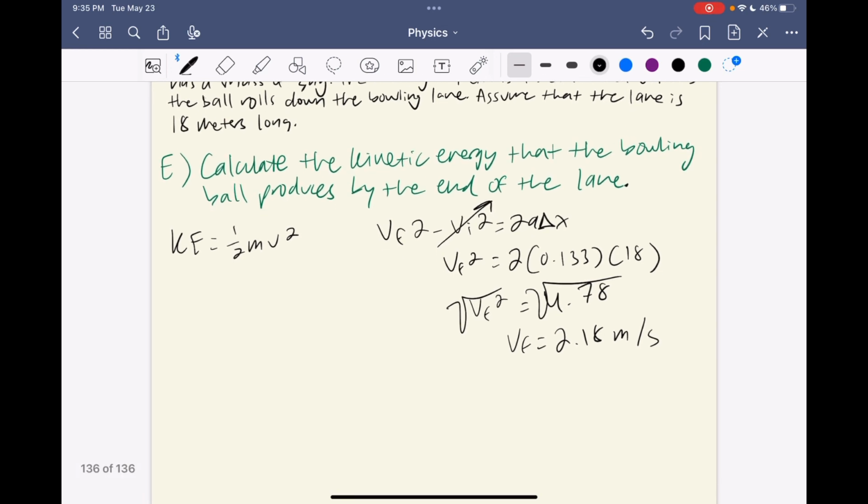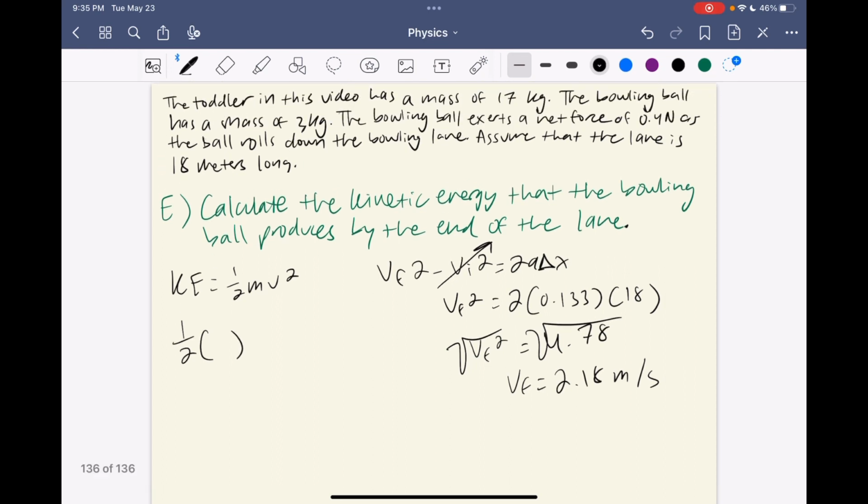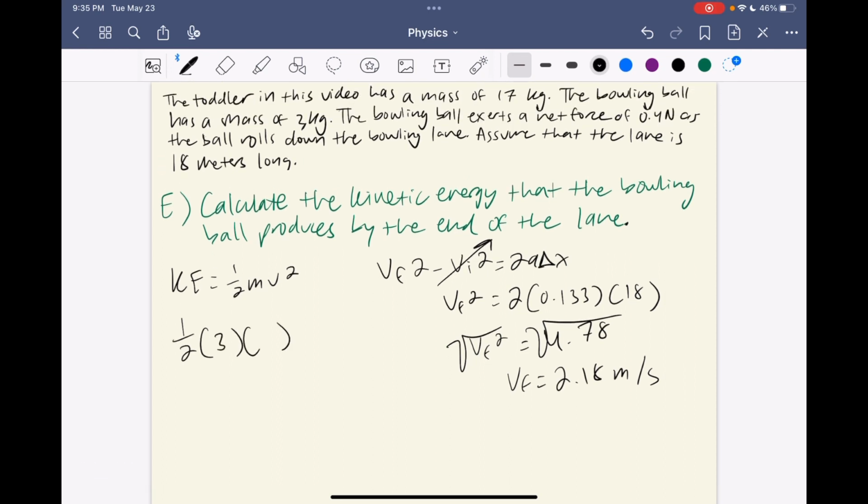So now we want to plug the velocity into our kinetic energy formula. So 1/2 times the mass of the bowling ball, which is 3, and the velocity of the bowling ball by the end of the lane is 2.18 squared.